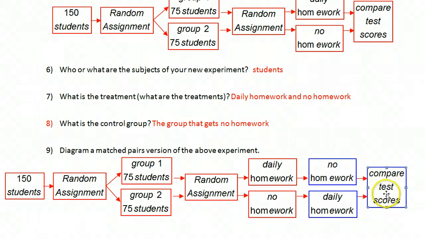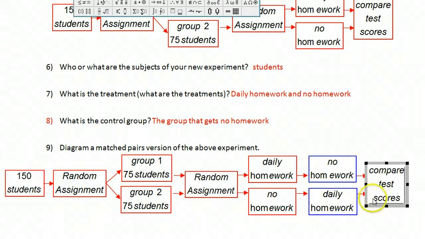Because if I just say compare test scores, that's going to look like I'm comparing group 1 to group 2. But no. I'm comparing same subject test scores, like I described before. I'm comparing each individual with himself. So we just need to get that phrase in here.